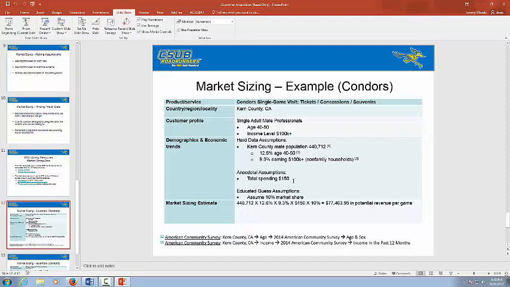So it depends. When you guys are going to talk to 27 different customers, you're probably going to find that 10 of them are women between the ages of 20 and 30. Okay? So then you're going to do one market sizing for women between the ages of 20 and 30. And then you notice there's another group of men ages 40 to 50.